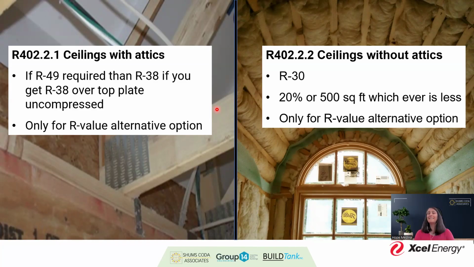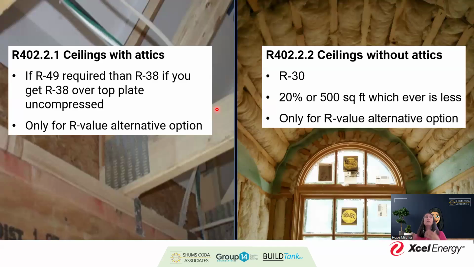Here's an example of the flexibility if you go with that R value option of the prescriptive path. If you have ceilings with attics, and we're required to have an R49, if you can get an R38 up and over that top plate uncompressed, you get to reduce that 49 down to an R38. But again, this is only available for that R value option.